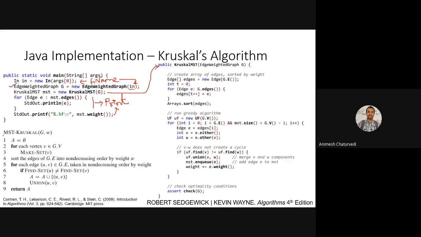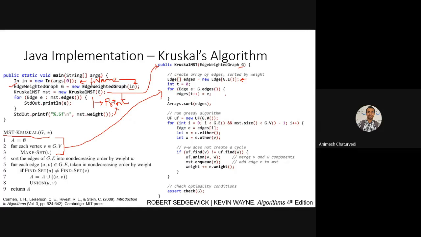We had already studied MST Kruskal's from Coreman. Then we just see the initialization part, which could be like this. Edges are created according to graph G, which was passed from here, and this G was in the file.